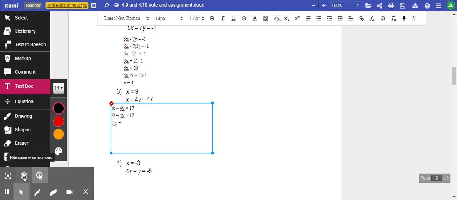Since 9 is positive on this side, when we move it to the other, it becomes negative. 4y is then equal to 17 minus 9, which is 8. If I want to get y by itself, I've got to divide by 4, and I have to do the same thing to the other side. And therefore, our answer is y equals 2.